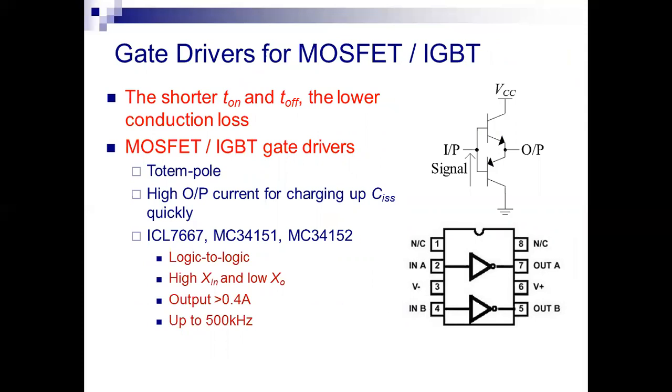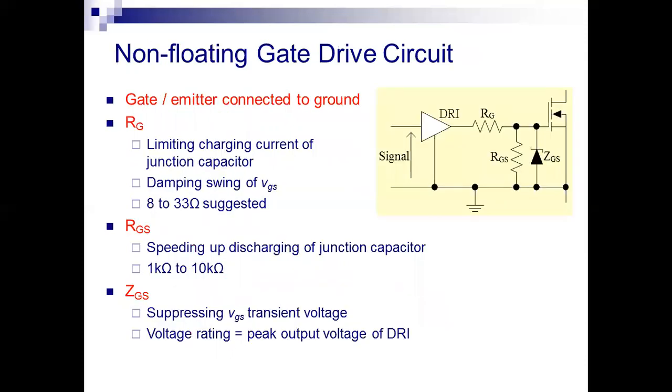High output current is needed for charging the input capacitance quickly, and for the controllers we are using ICL7667, MC34151, MC34152, with logic, high and low output, a high input and a low output of zero, greater than 0.4 amperes, up to 500 kilohertz frequency. For a non-floating gate drive circuit, the gate emitter is connected to ground.